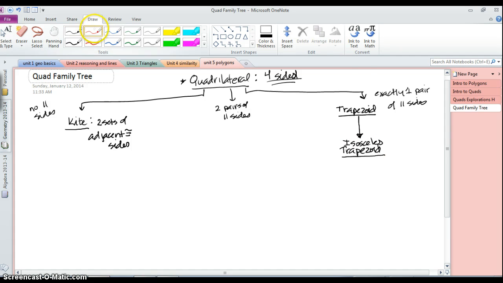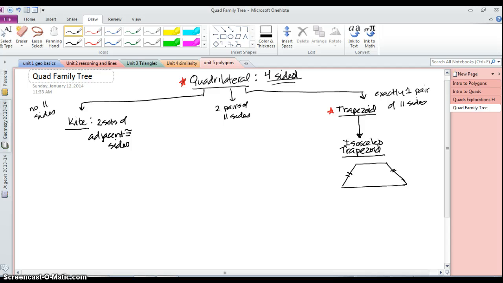This isosceles trapezoid has all the characteristics of a trapezoid, all the characteristics of a quad, because it follows the family tree that way, and then something that makes it unique. And the thing that makes it unique is that on this trapezoid, these two legs have to be congruent. My drawing is really horrible, but those two legs have to be congruent.